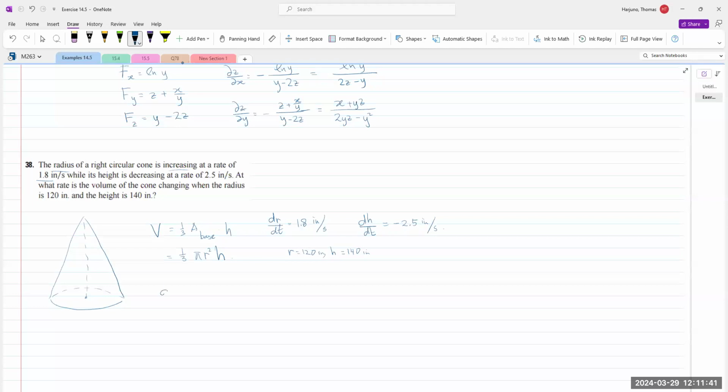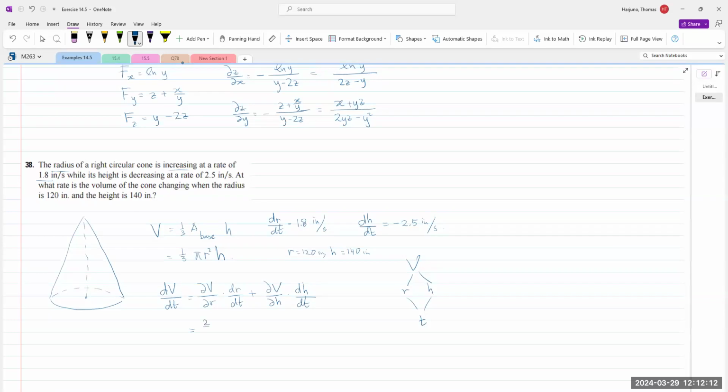Okay, so what we want is dV/dt. Notice that V is a function of radius and height, each of them a function of time, right? Okay, so dV/dt will be dV/dr times dr/dt plus dV/dh times dh/dt.